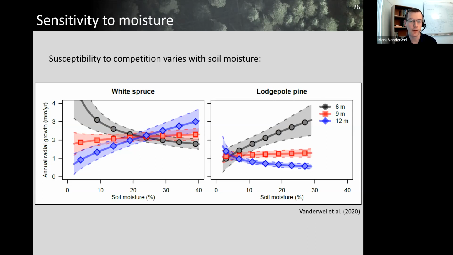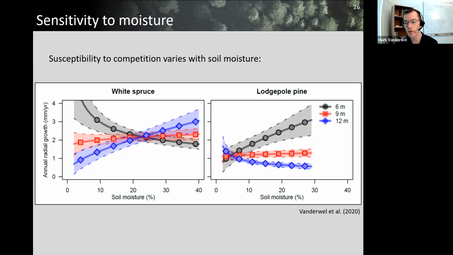Okay, so if it had access to either light or water, it would do fairly well, but if neither of those resources were readily available to it, then it would respond by growing much more slowly. Lodgepole pine also showed an interaction between light and soil moisture, but it was a little bit different. In its case, it would grow quite well if it had access to both lots of light as a result of growing under a shorter canopy and high levels of soil moisture.